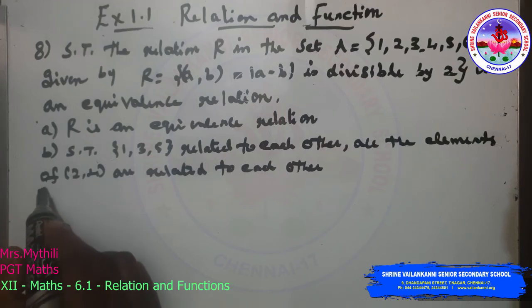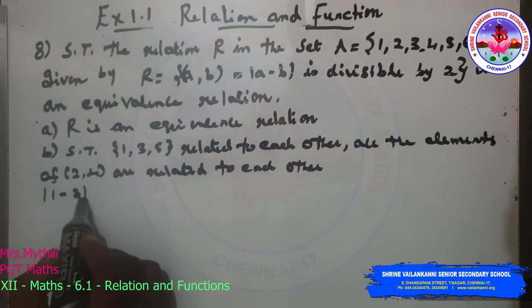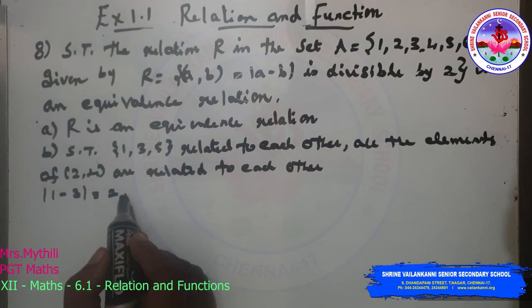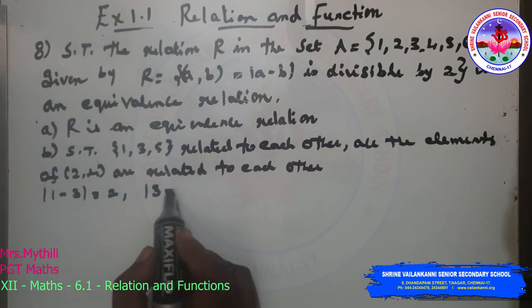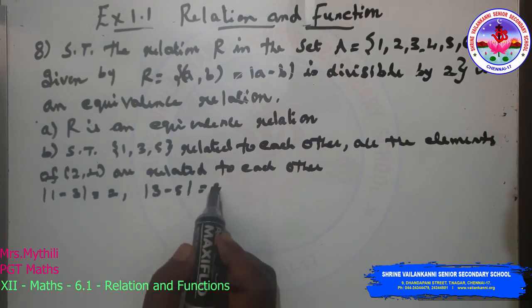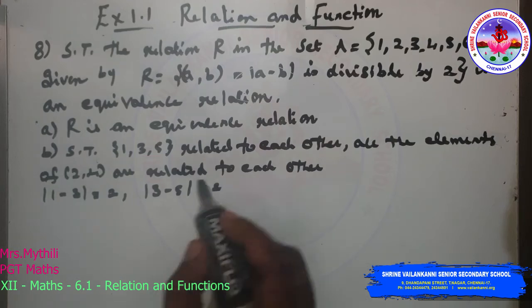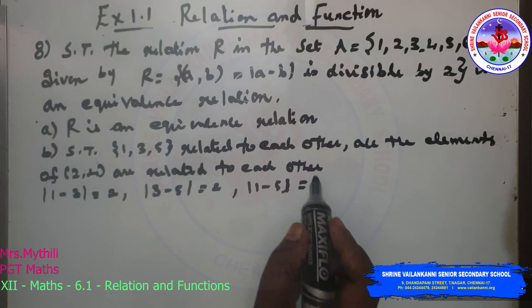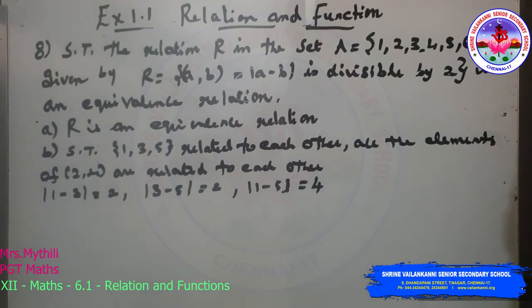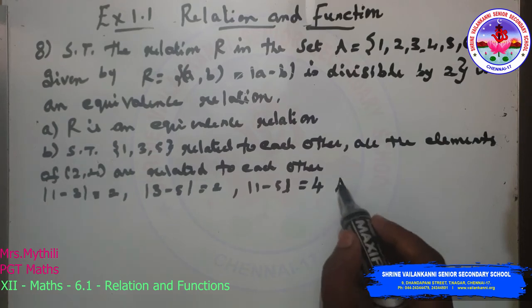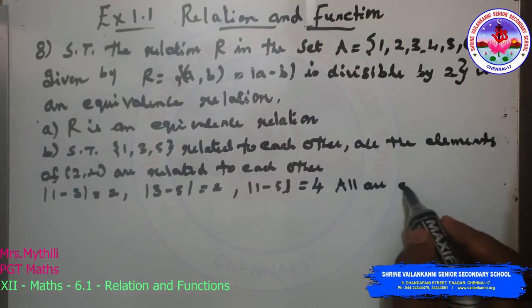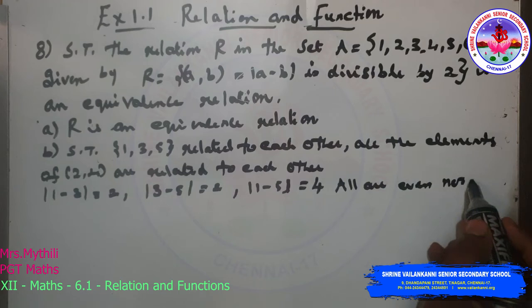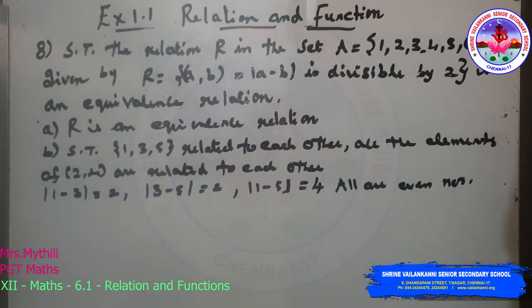Then we take modulus of 1 minus 3, which is equal to 2. Modulus of 3 minus 5 is equal to 2. Then modulus of 1 minus 5 is equal to 4. The modulus of any negative number is positive. So all are even numbers.